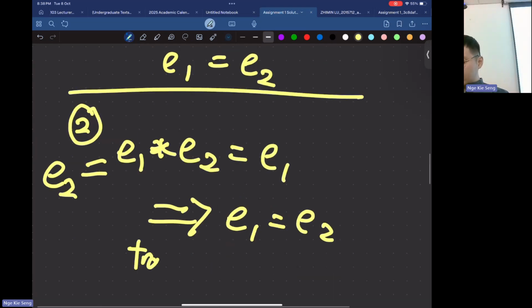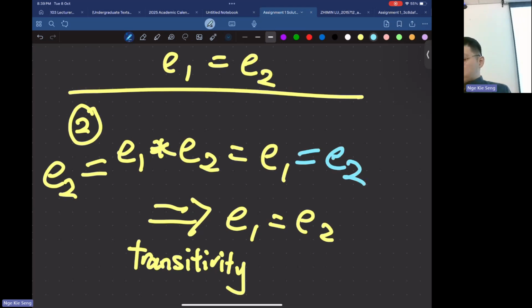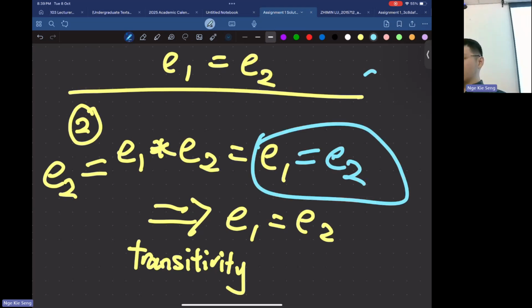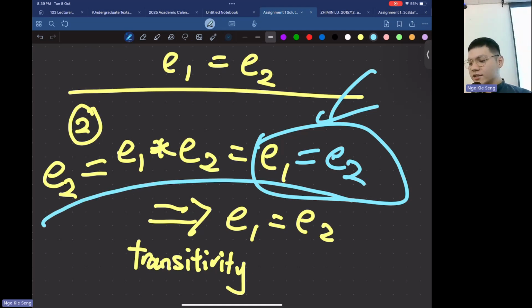This is using transitivity. Otherwise, if you just put it at the back, it's like there's some other reason why it is true. Then what's the reason? We read an equation as a sentence, not backward, forward, backward, forward, although we can read it backward.